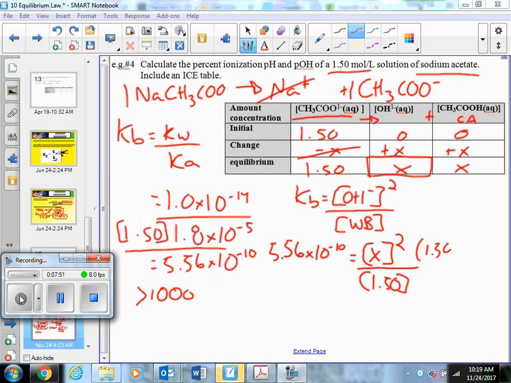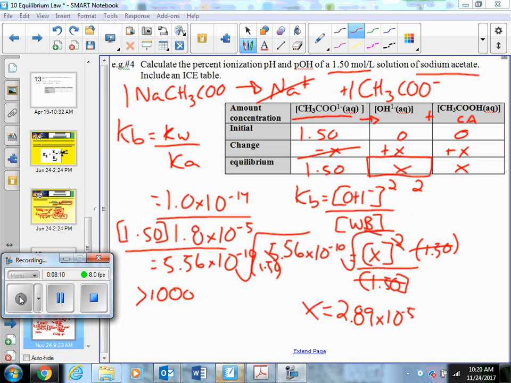So if we rearrange this to solve for x, multiply both sides by 1.5 and take the square root. We get x equal to 2.89 times 10 to the minus 5. So this 2.89 times 10 to the minus 5 mole per liter is our hydroxide concentration.